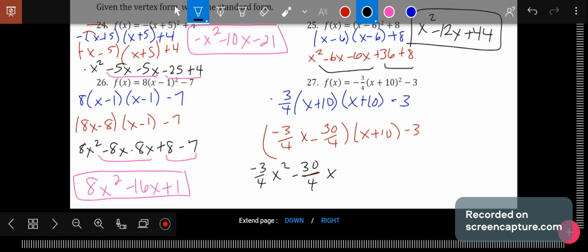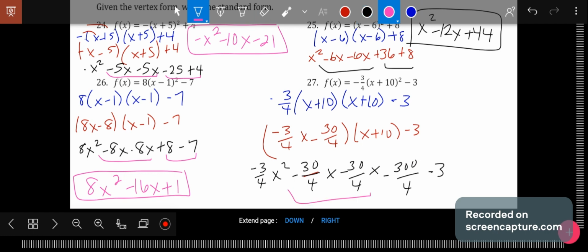Negative 30 over 4 times x gives us negative 30 over 4 x. And then negative 30 over 4 times 10 gives us negative 300 over 4, and then bring down our minus 3. Again, we are going to simplify this. We're going to do that at the very end here.